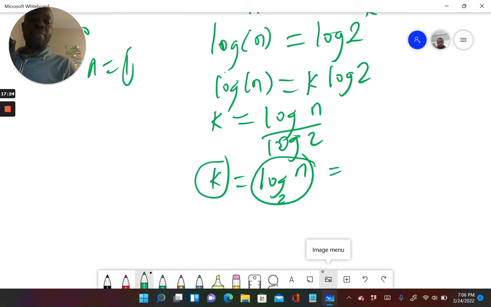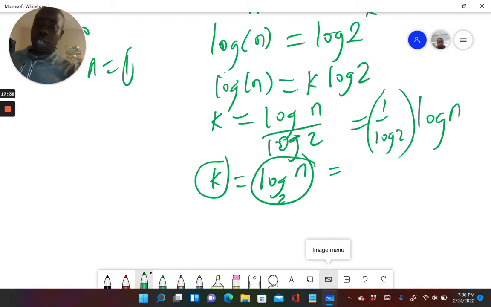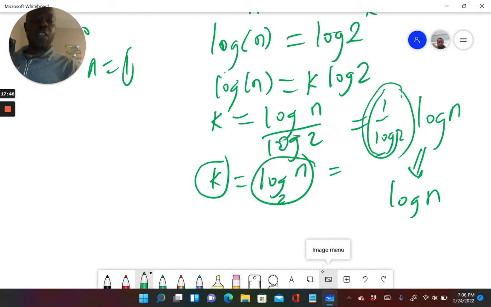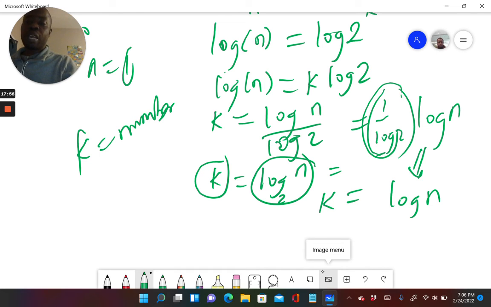So this can be written, if you want, as 1 over log 2 times log n. Now, in asymptotic complexity, you ignore constants. This is a constant, so you ignore that, and that comes down to log n. So your k is actually log n. Now, k, once again, is the number of iterations, or operations.